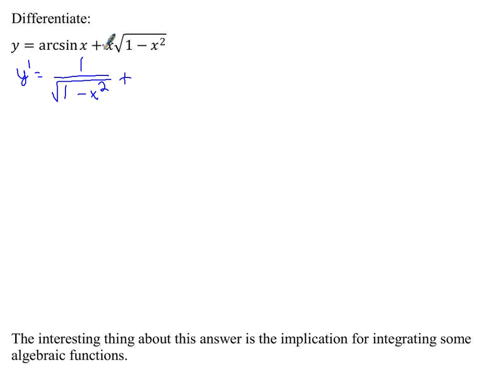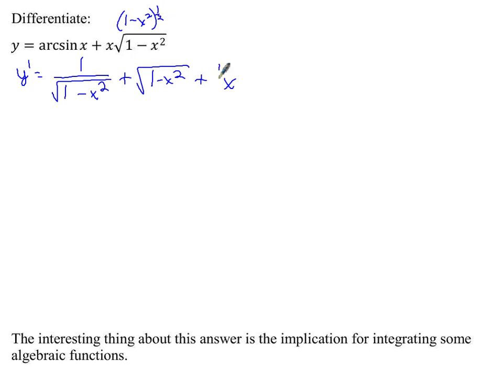Okay, product rule. So that would be g prime f, right? So I'm going to write down that f now. One minus x squared to the 1/2 if I rewrite that.